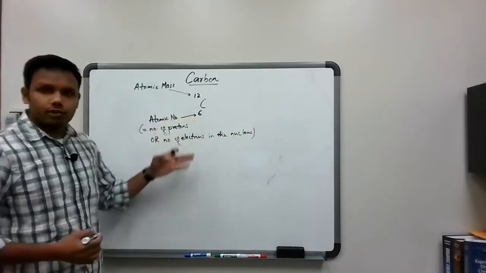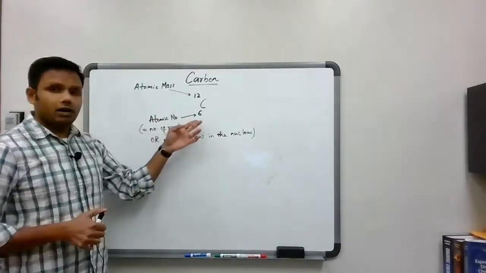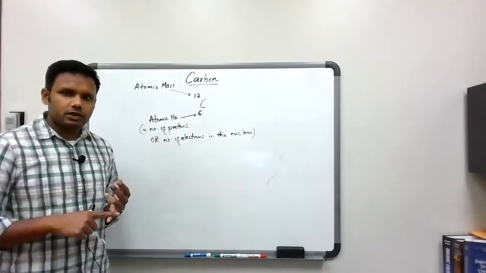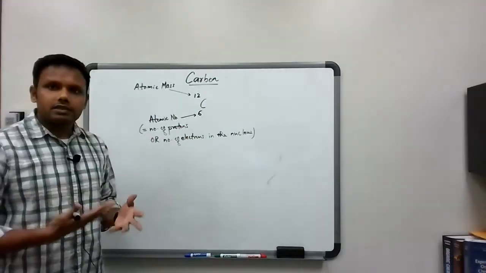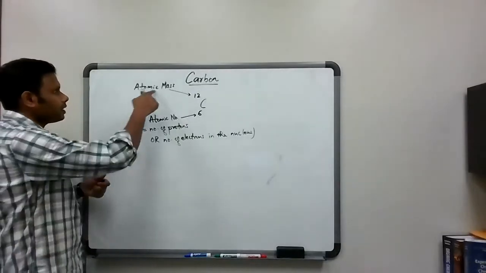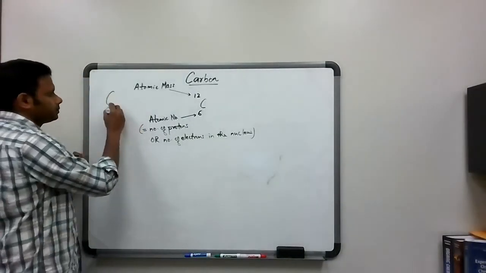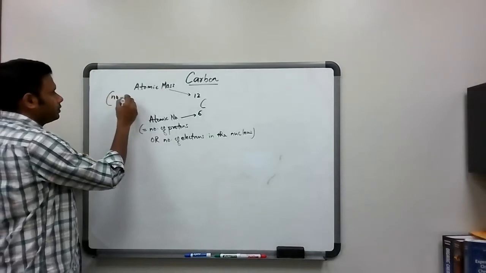That's what this number represents. So when carbon's atomic number is 6, it means that carbon has 6 protons and it has 6 electrons in its nucleus.